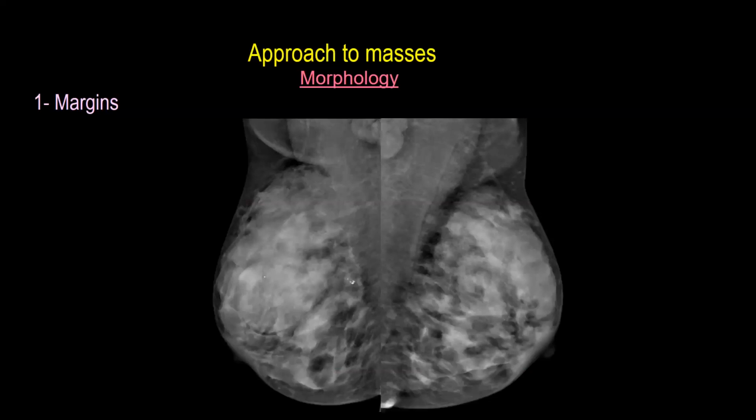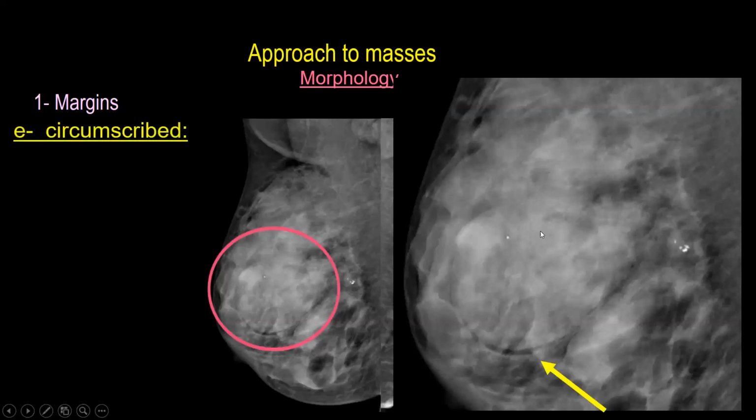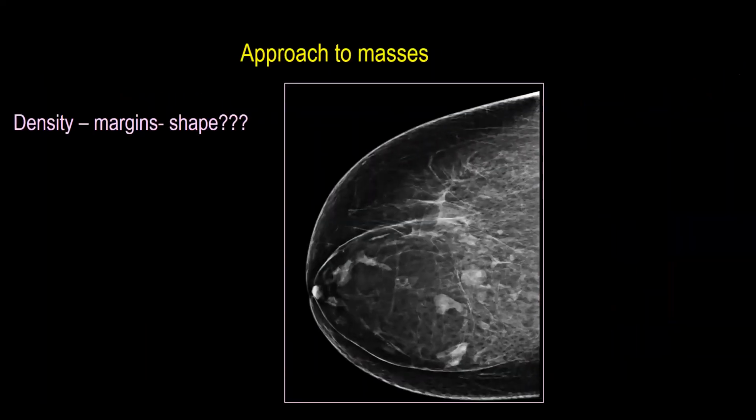On the right side. Margin. Right. Agree. Circumscribed, partially obscured. Excellent. Well done. That is the halo. You see, that is the halo. This is circumscribed, partially obscured. Circumscribed.